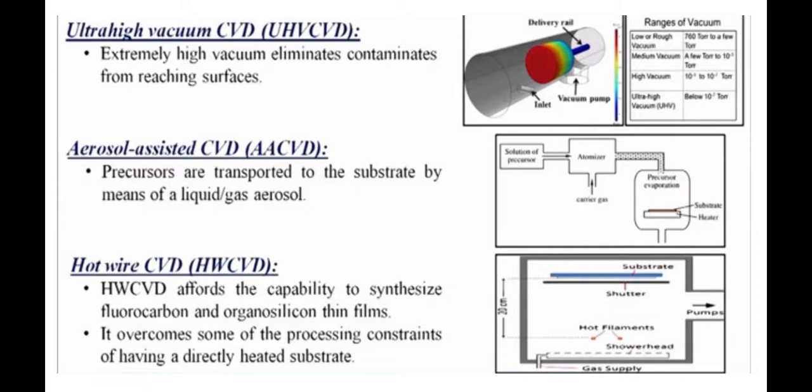Next is the aerosol assisted CVD, or AACVD process. Precursors are transported to the substrate by means of a liquid or gas aerosol. Here we are not going to use any carrier gas as such, rather it is carried by some kind of liquid or gas aerosol.